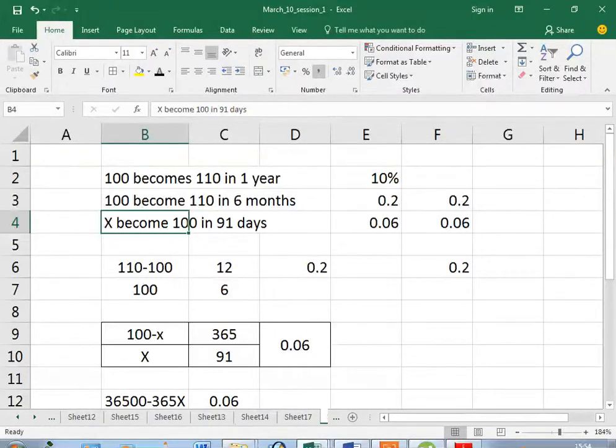Correct. So 100 was the maturity amount last time. I just want the statement. What is the statement now? X becomes 10 crores in 91 days. X becomes 10 crore in 91 days, 0.1204 is the rate. Can you calculate the X? You can take it as 10 itself.